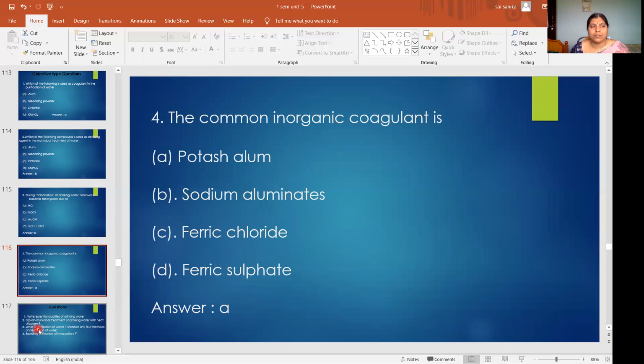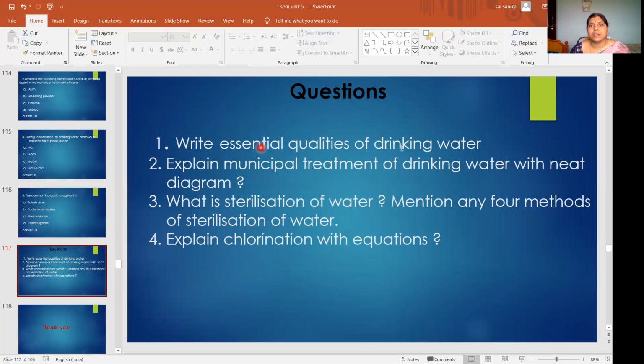Next, come to the questions. Write essential qualities of drinking water. Second, explain municipal treatment of drinking water with a neat diagram. Third, what is sterilization of water? Mention any 4 methods of sterilization of water. Explain chlorination with equations.